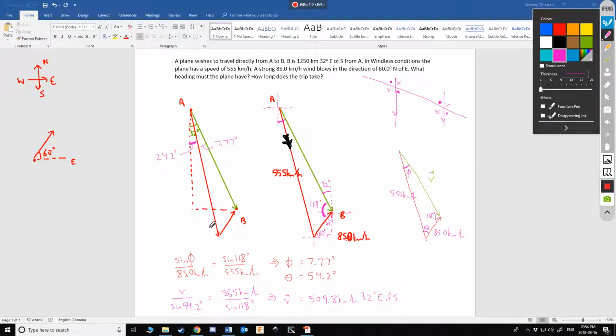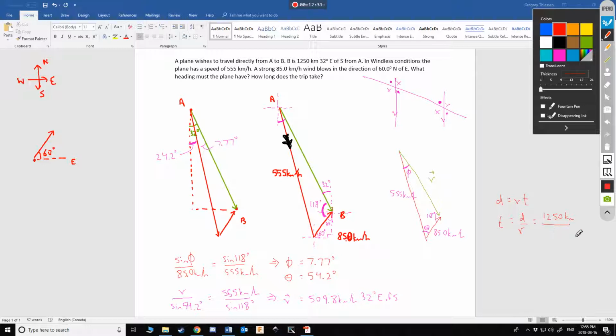That's how long it is going to take. We know that d is equal to vt, and t is equal to d over v. But we need to use a corresponding distance and velocity vector. So we now know that 509.8 kilometers per hour, and we know that distance is 1250 kilometers, sorry, not kilometers per hour, kilometers.